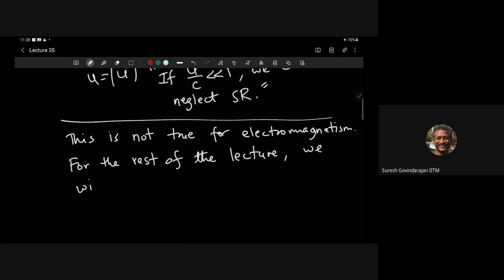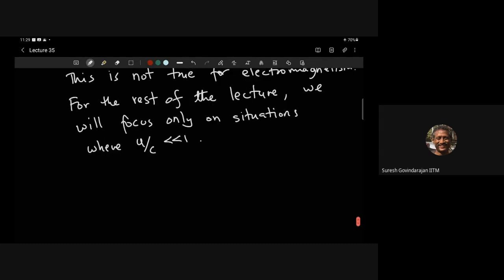For the rest of the lecture, we will focus only on situations where u by c is much, much less than 1. We will study the effects at the leading power. As somebody just pointed out, and as I also mentioned earlier, the forces are velocity dependent.